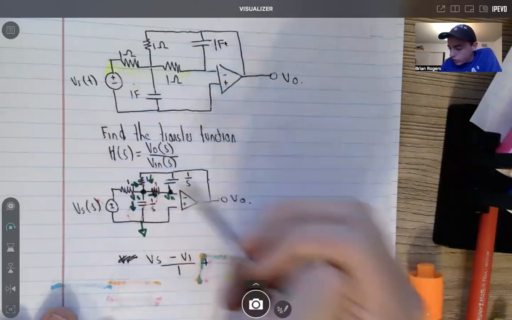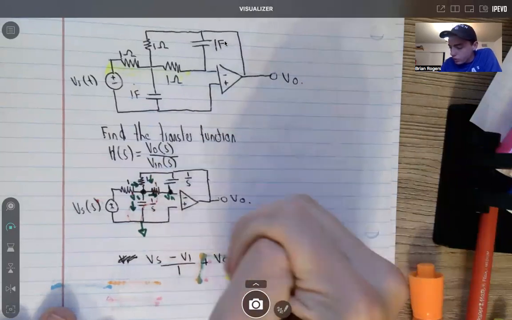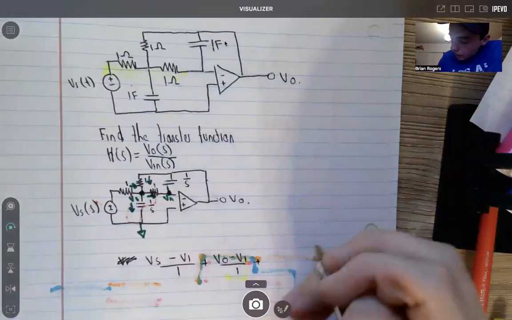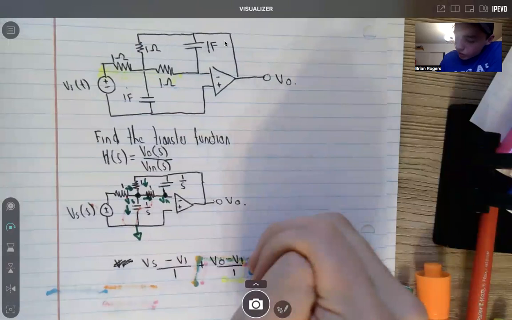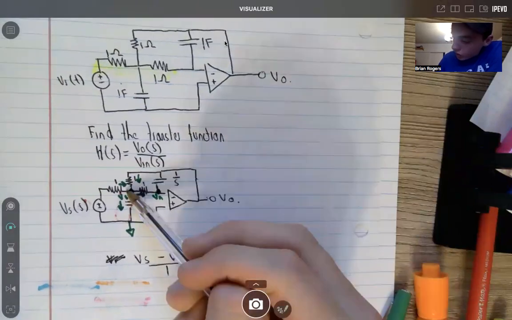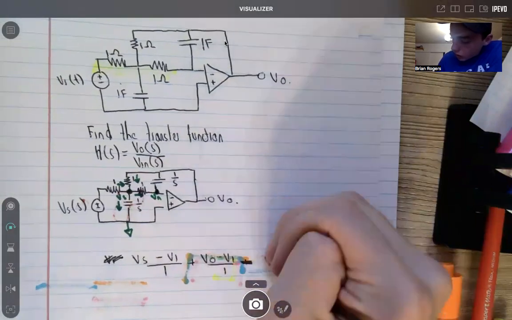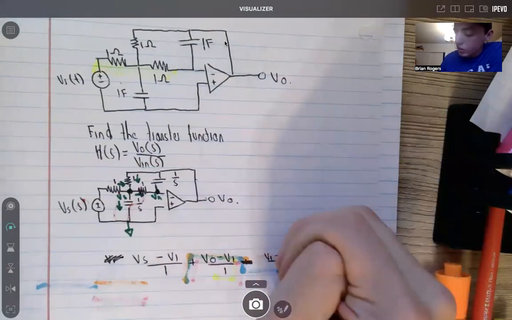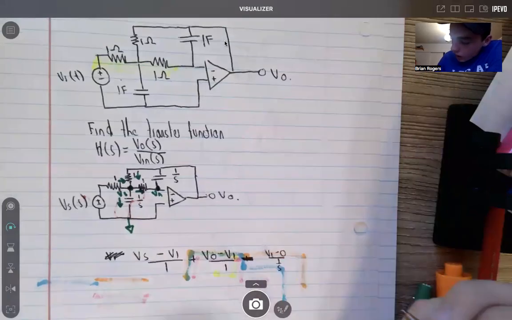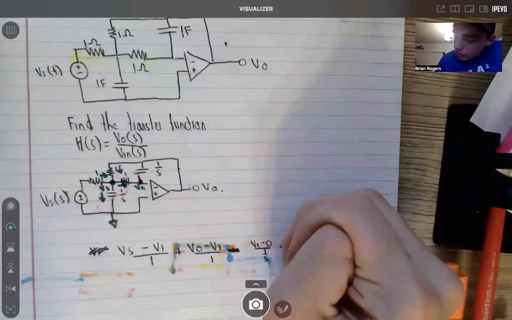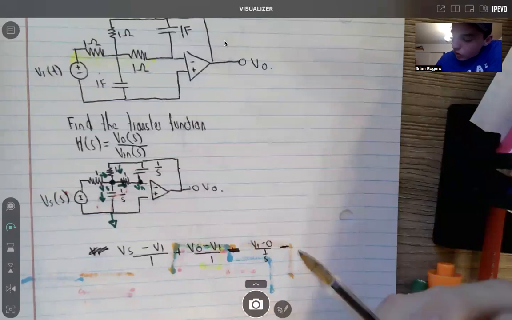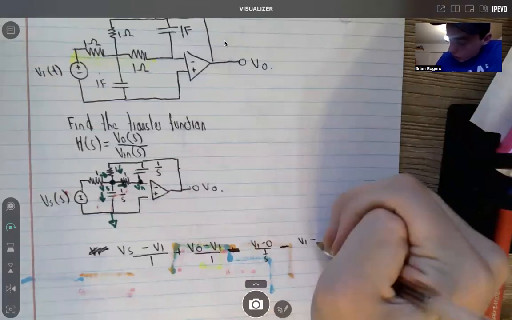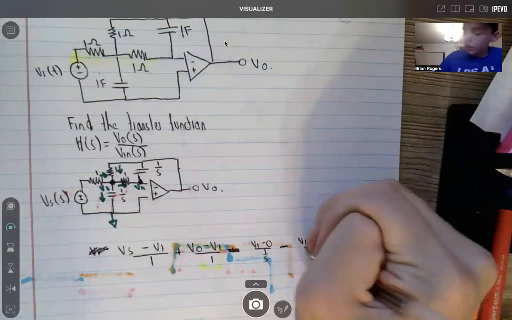So V out minus V1 all over the resistance in between. And then it's going to be a minus for the next one since it's going downwards. It starts at V1, goes to ground, all over 1 over S, the impedance in between. Then our other one is going out of the node, so I'm going to make it with a negative sign in front. So it'd be V1 minus V of N all over 1. Set that equal to 0.